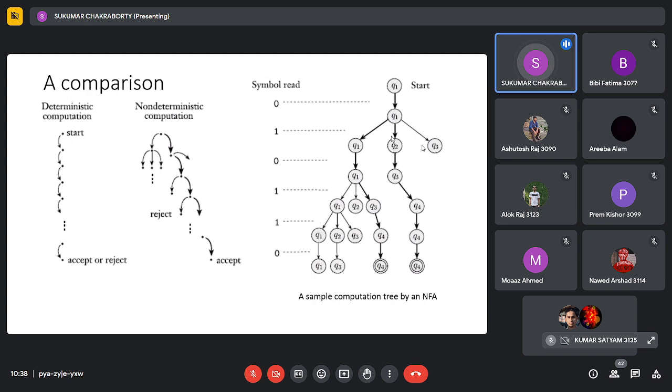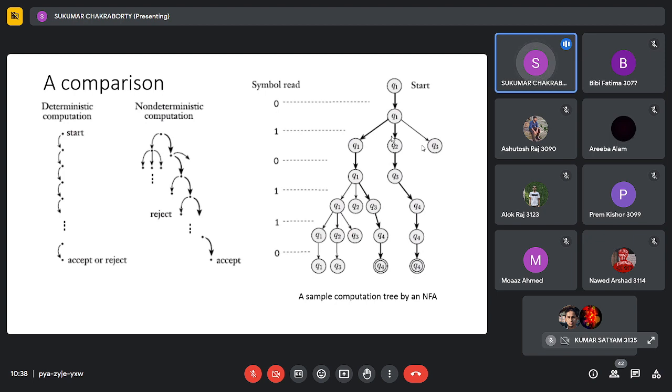This q4 might be achieved through different branches also, but that does not matter. The final set of states is q1, q3, q4, and q4 is one of the final states. I will give you some example exercises where I will expect you to draw this kind of computation tree for the computation on a string by an NFA.